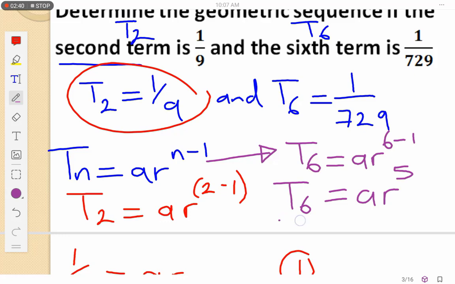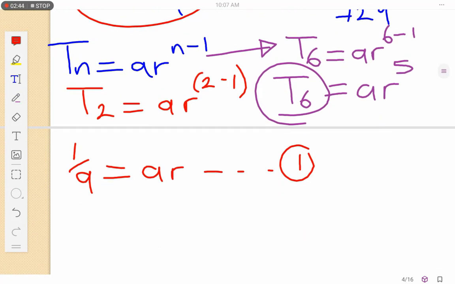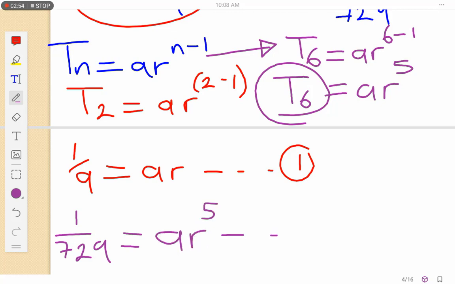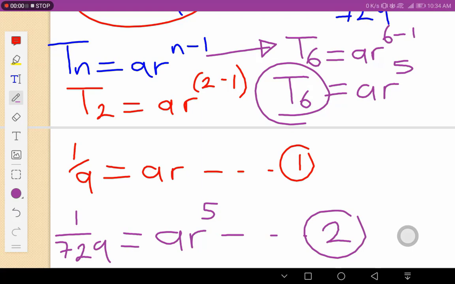But we know the value of T6, so we can have 1 over 729 is equal to a times r to the power of 5. This becomes our equation number 2.